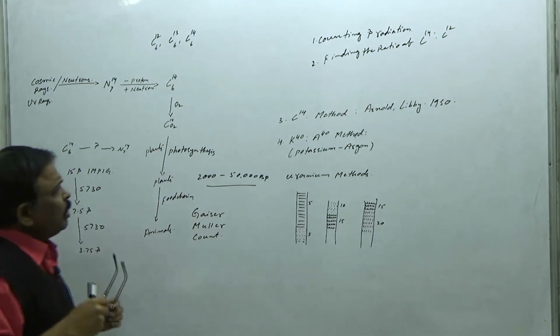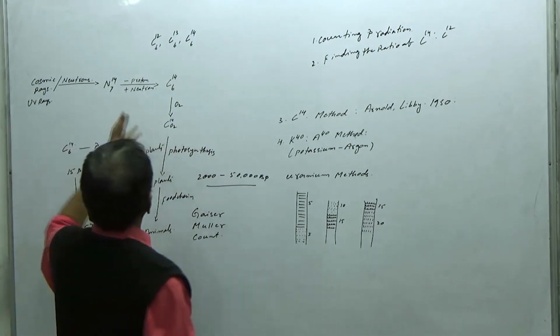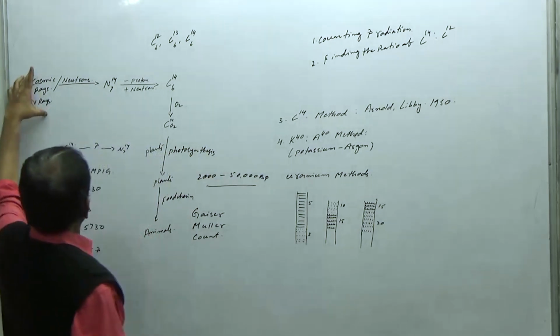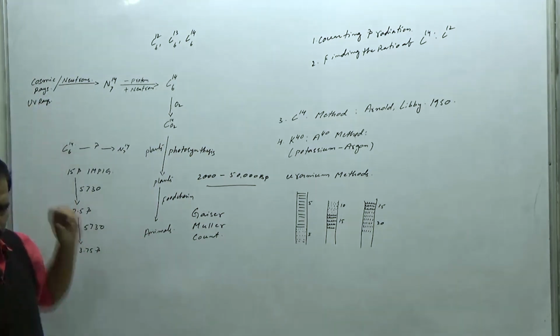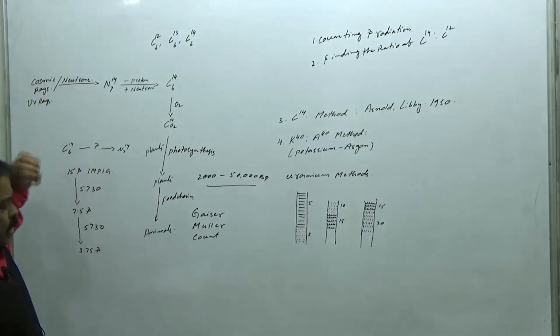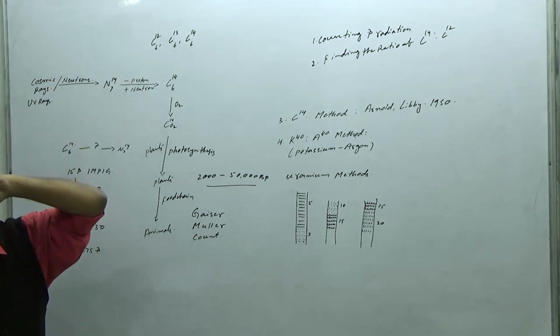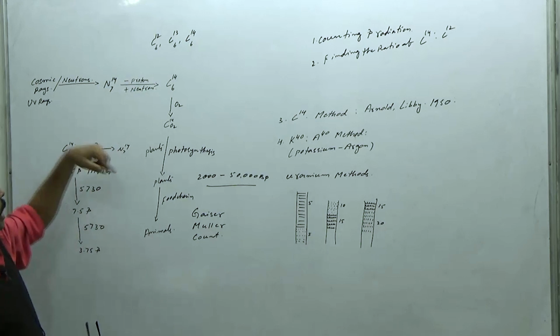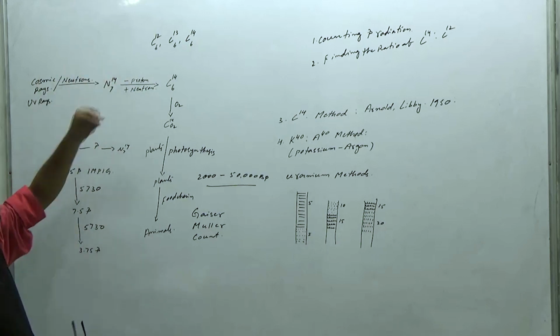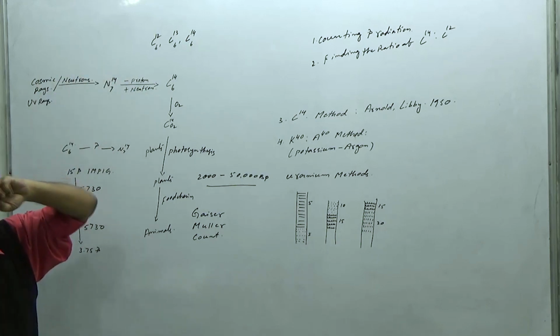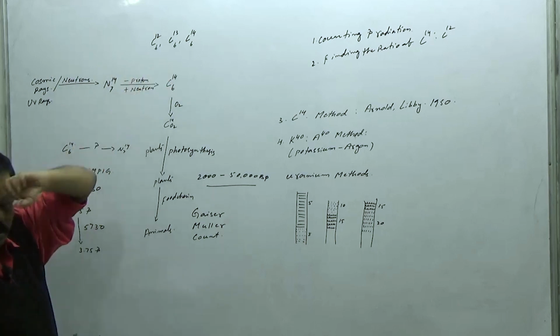Then again, the same method, definitely. Cosmic rays release neutrons. When a neutron passes through the nucleus of nitrogen, the nitrogen releases one proton and accepts a neutron. Then automatically that converts into C14.